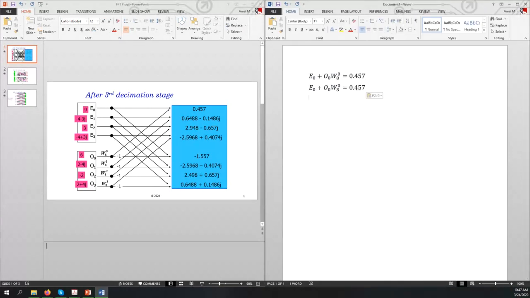Let's copy that. Then for the second half of the butterfly, we have E naught minus O naught W8 naught, which is going to be equal to negative 1.557.